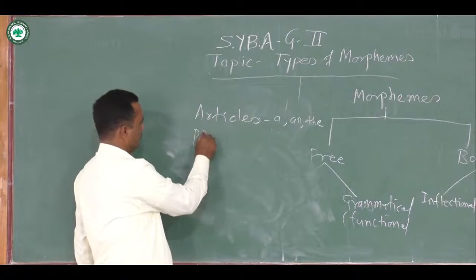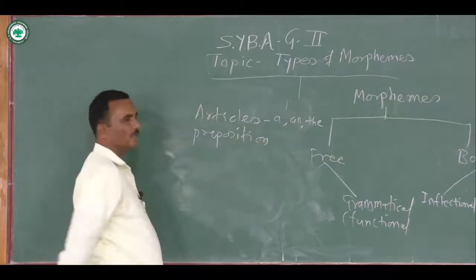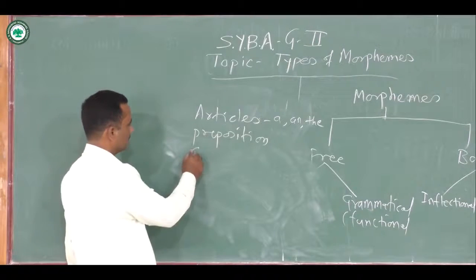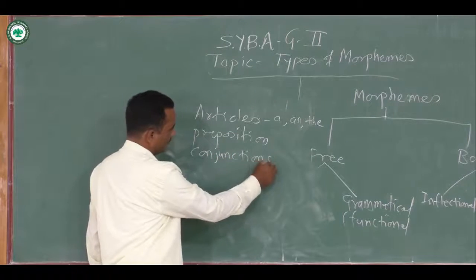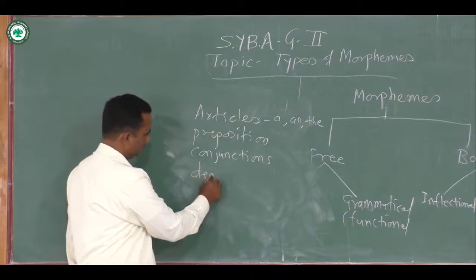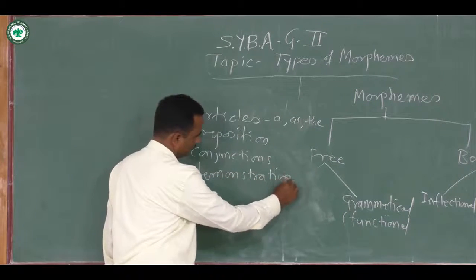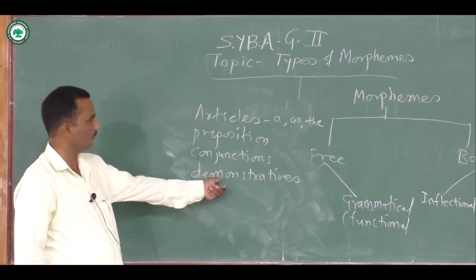Then prepositions. They are also called a closed class category because no more words can be added. Then conjunctions. Then demonstratives. Words like this, that, these are demonstratives.